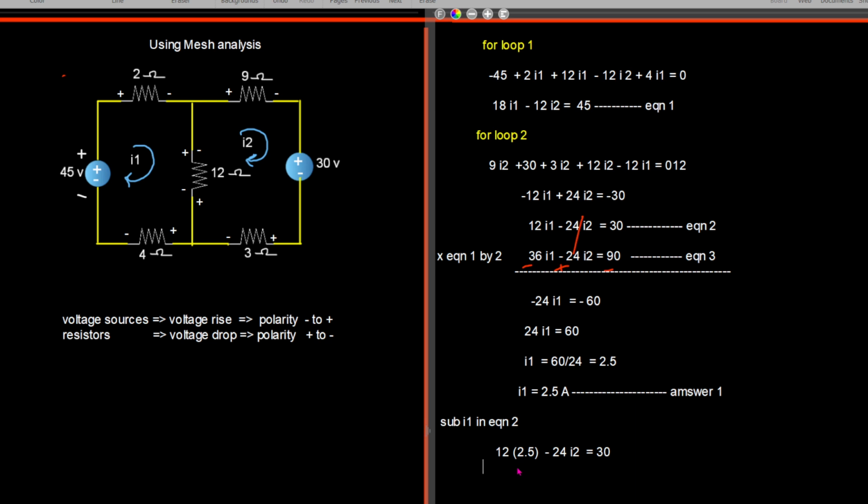So 12 into 2.5 is 30, then minus 24 I2 is equal to 30. So minus 24 I2 is equal to 30 minus 30, so it is 0. So we got this I2 as 0. So this is our second answer.